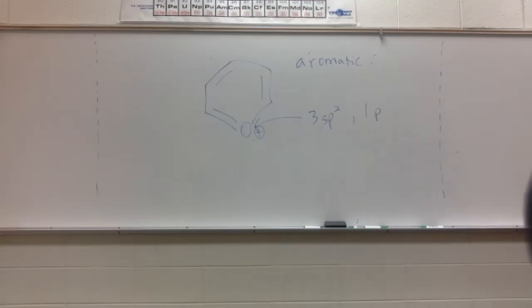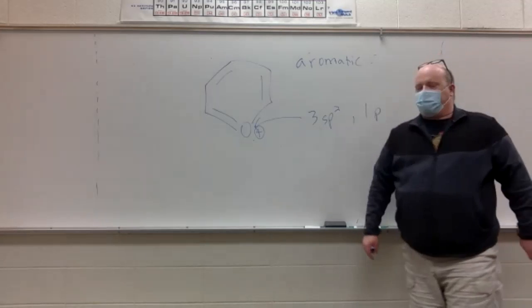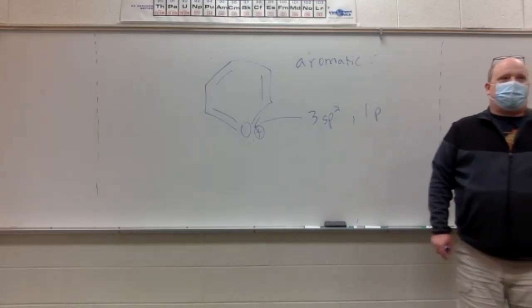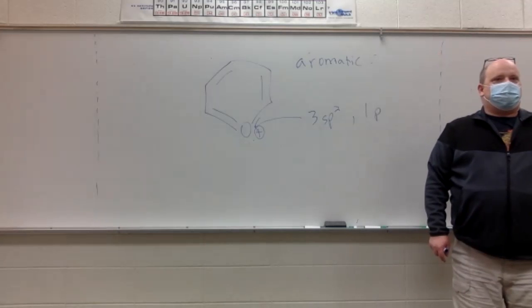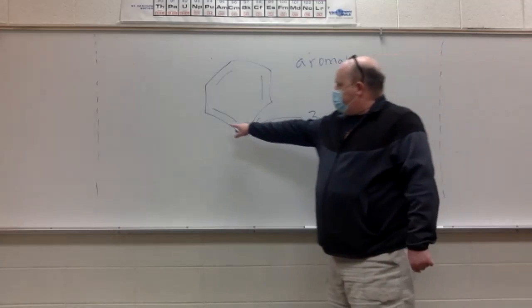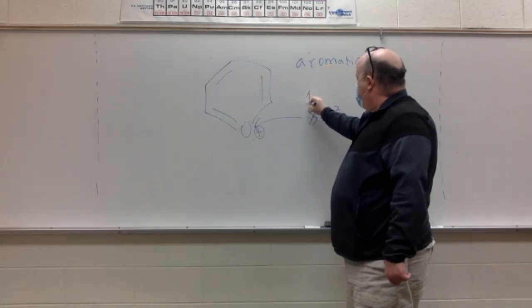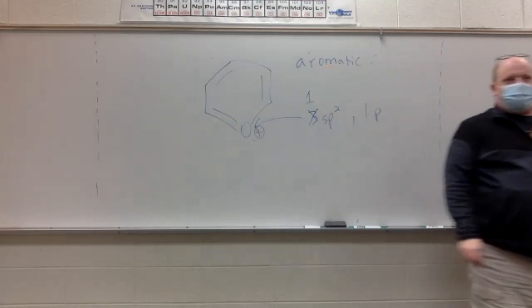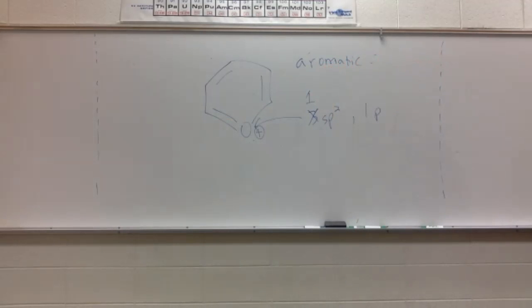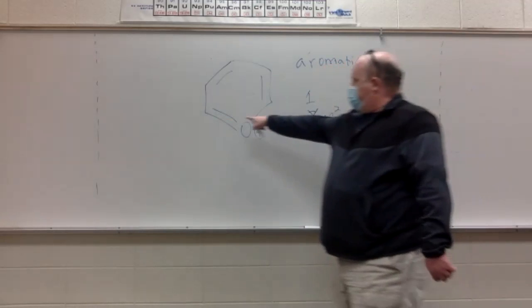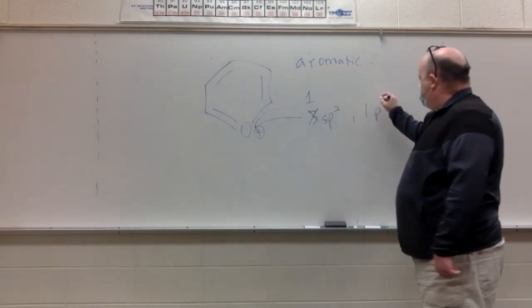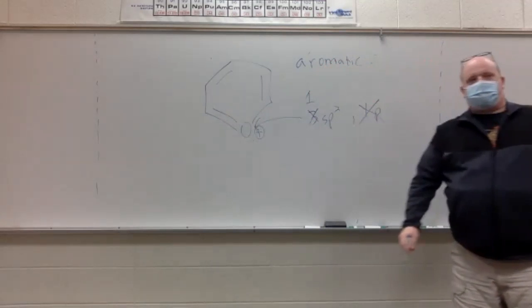How many hybrid orbitals are taken up currently? 2. Yeah. Sigma bond here, sigma bond here. So you got 1 left over. How many p orbitals are already taken up? You have 1 pi bond, so that p orbital is occupied.